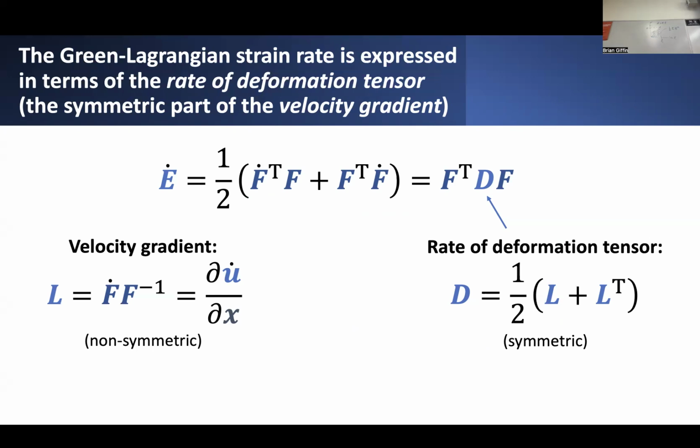Rather than this funny term that's showing up here, we can describe it as F transpose D times F. Now, D is really nothing more than the symmetric part of this velocity gradient. But the interpretation of D is effectively one which describes the strain rate in the material that respects the actual current deformed configuration of the structure.